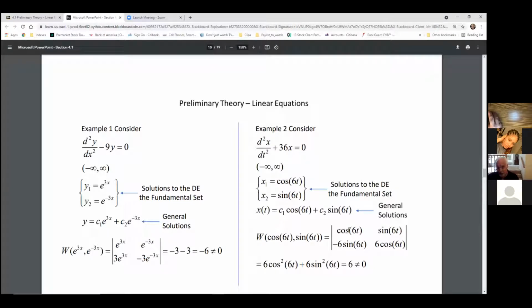Then if I take the determinant of this, it's this times this minus this times this, so I get 6 cosine squared plus 6 sine squared, and that's equal to 6, so it's not equal to 0. So this is showing us that these two solutions are linearly independent, and any linear combination is a general solution. Okay.